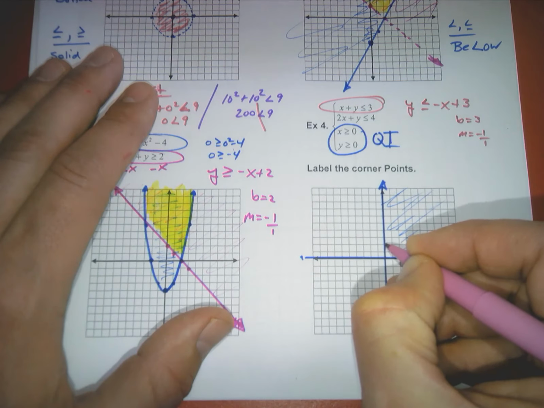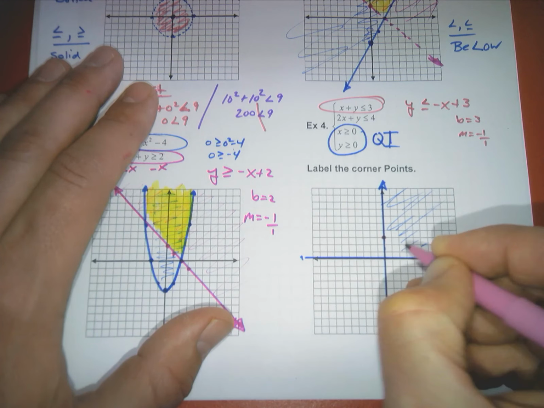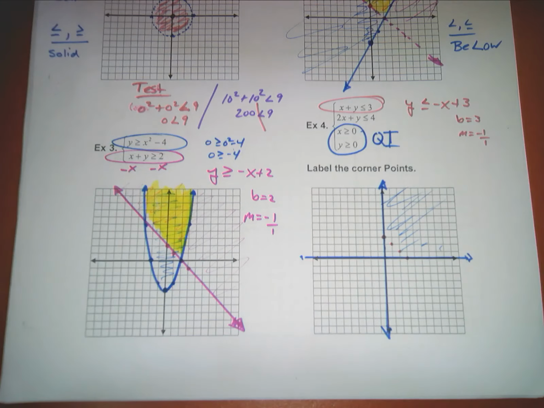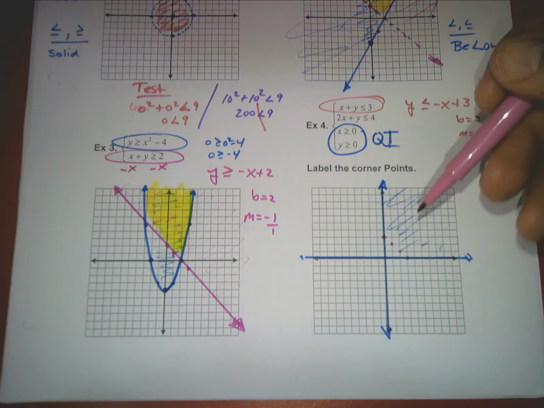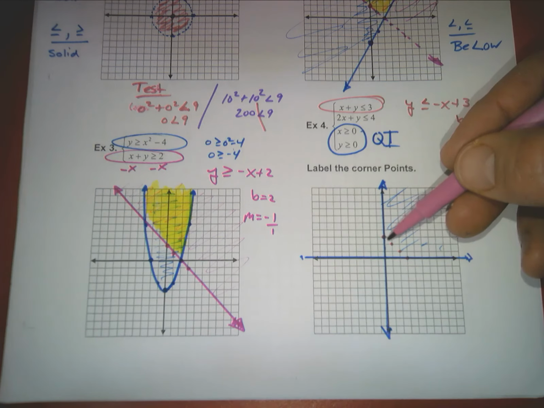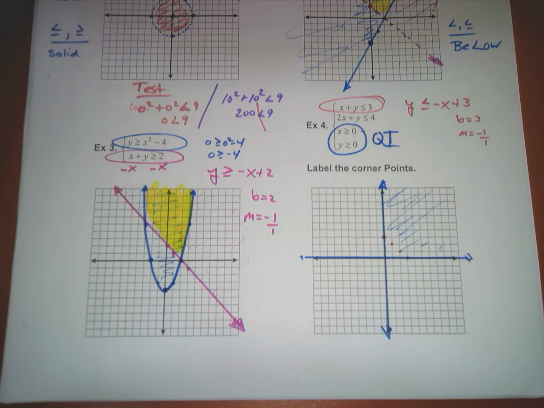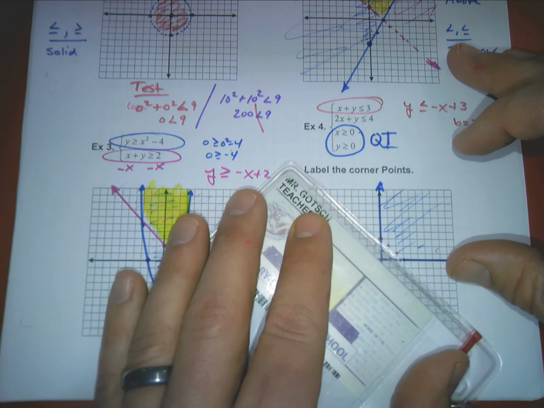So I go up 1, 2, 3, down 1 over 1, down 1 over 1, down 1 over 1. Usually, if I'm graphing in just the one quadrant, I will do my slope all the way to the other x-axis. That way I get a nice accurate graph, especially when I'm trying to find corner points.